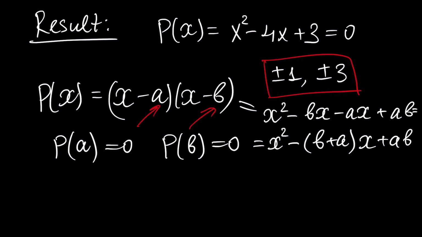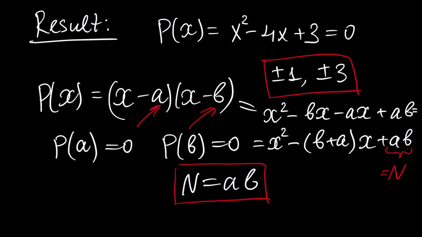And this free member of our polynomial is equal to ab. Assume this is n. So our n is equal to ab, and roots of our polynomial a and b must divide our number n. That's why, let's repeat it again, integer roots of our polynomial must divide our free member.